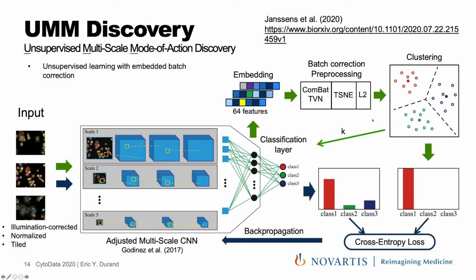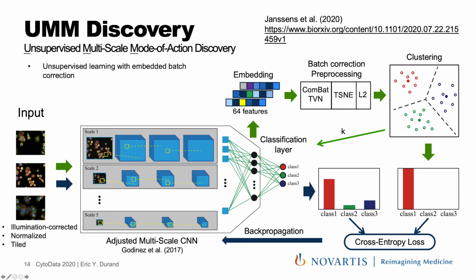Combining all these things, we came up with our method that we called UMMD, for unsupervised multiscale mode of action discovery, where we use the DeepCluster backend, but with an adjusted MSNet where we added residual layers to Williams' method because we found it improved the results drastically.